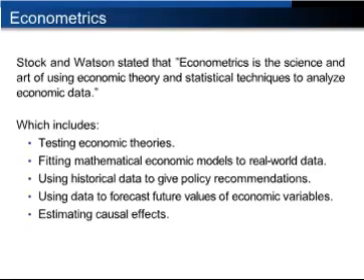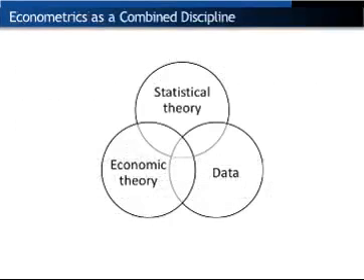Econometrics: Stock and Watson stated that econometrics is the science and art of using economic theory and statistical techniques to analyze economic data, which includes testing economic theories, fitting mathematical economic models to real-world data, using historical data to give policy recommendations, using data to forecast future values of economic variables, and estimating causal effects. Econometrics is a combined discipline of statistical theory, data, and economic theory.